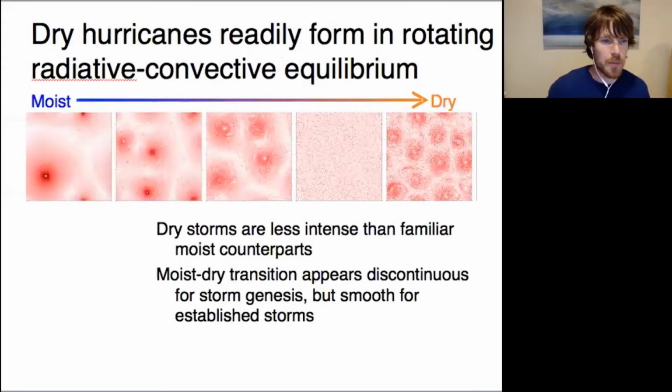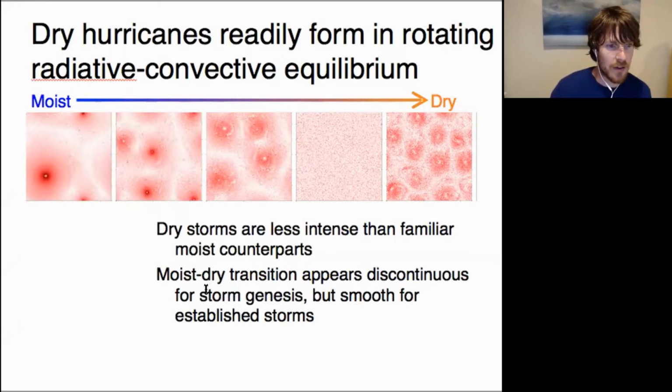So the punchline, what I hope you remember out of this talk, is largely summarized in this figure and in the title of the slide. So first, dry hurricanes readily form in rotating radiative-convective equilibrium. And second, dry storms, so this is showing the moist to dry transition. There is a clear organization of the surface wind pattern into vortices that are coherent and long-lived in the dry limit, as well as the moist limit and some of the intermediate states.